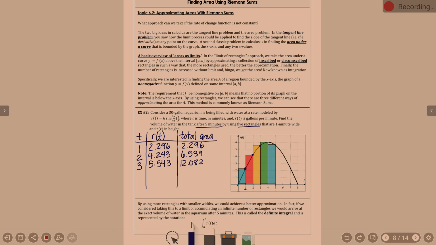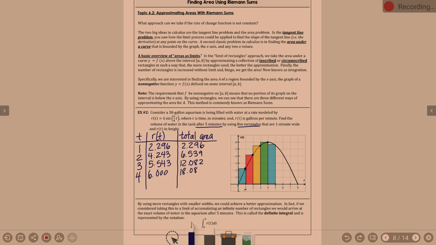What about the next rectangle? It intersects at 4, and the height is 6. 18.082, if you add 6 onto the 12 number.